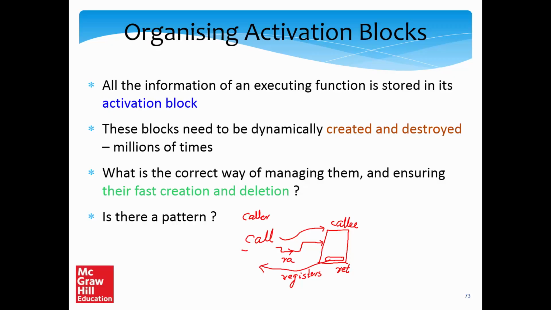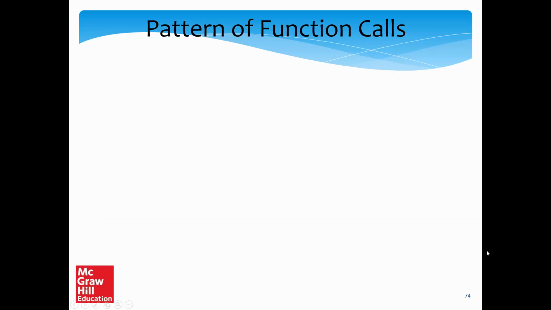So we need a way of managing activation blocks, ensuring their very fast creation and deletion. And we need to look at a certain pattern to make this a very quick operation. Let us now try to look for a pattern of executing function calls and see if there is something that can be done to actually represent this information better and also create activation blocks very easily.